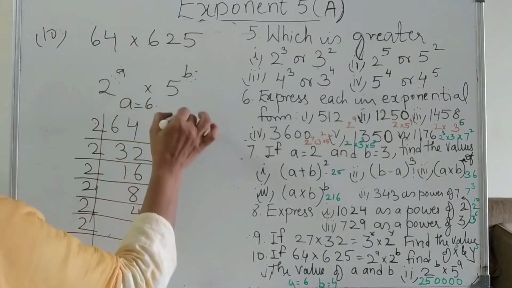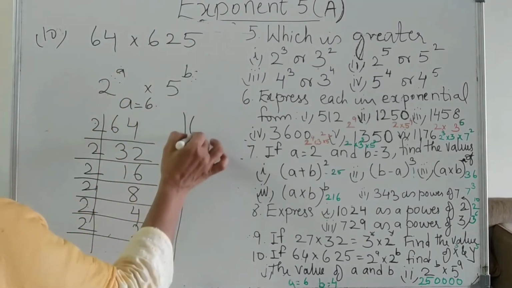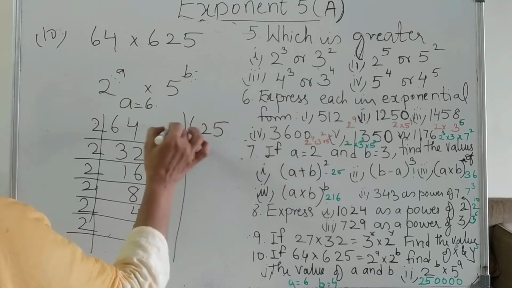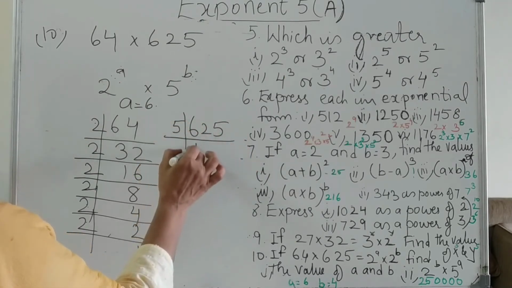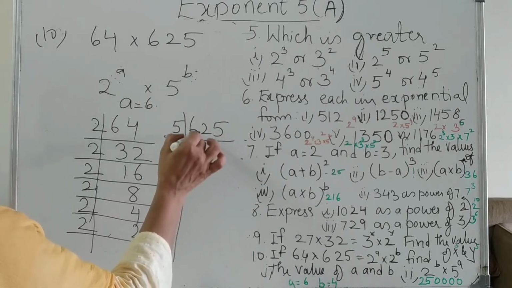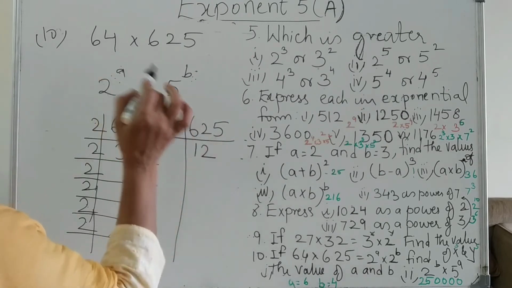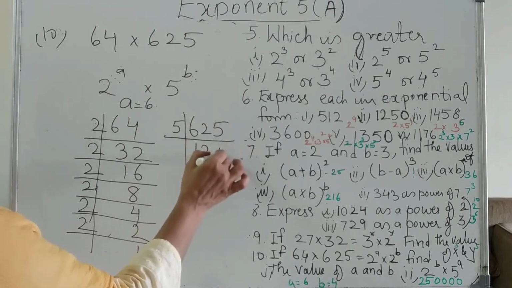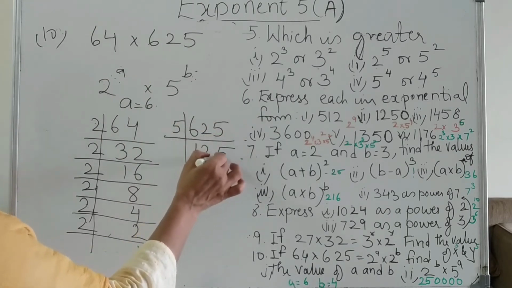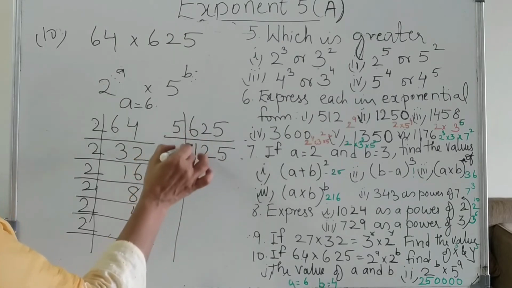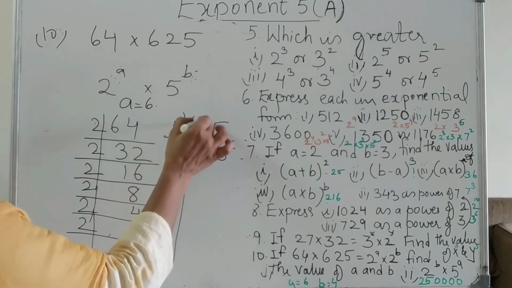Now you have to find for 5. 625. Here you can start dividing by 5. 5 1s are 5, 5 2s are 10, 25 is remaining.